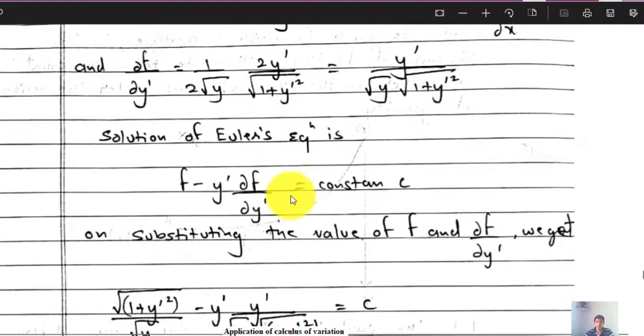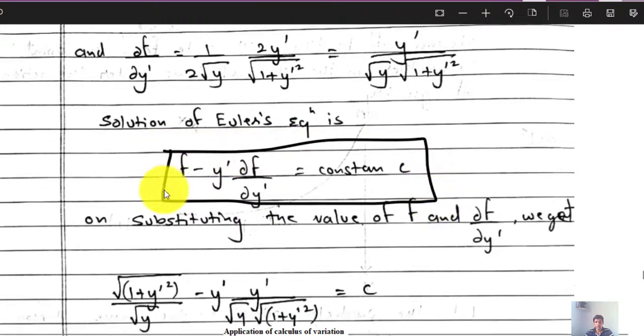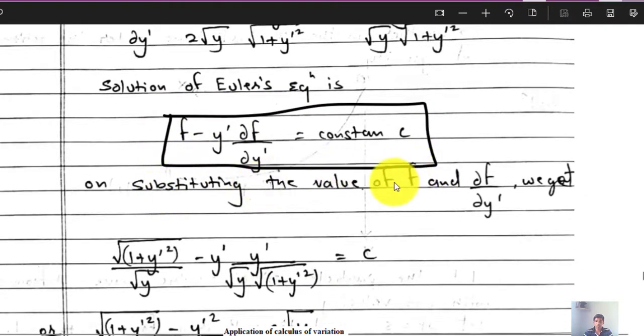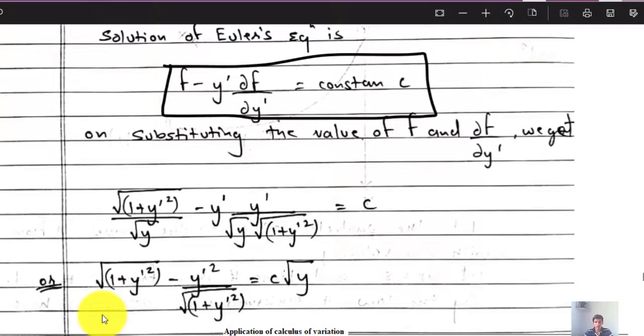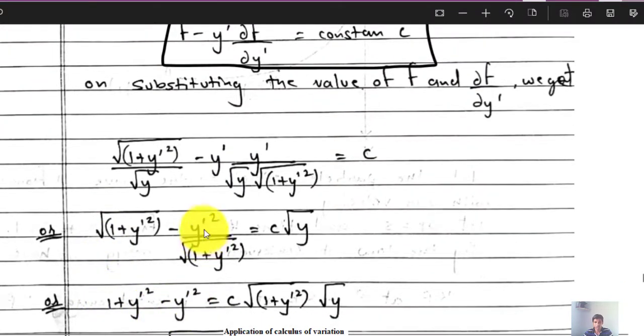Therefore now the solution of Euler's equation. So this is the Euler's equation given. Therefore on substituting the value of f and dou f by dou y prime, we get square root of 1 plus y prime square divided by square root of y minus y prime, that is, whatever values you have got you need to substitute in this particular equation. So this y prime and this y prime turns out to be y prime square divided by square root of y.